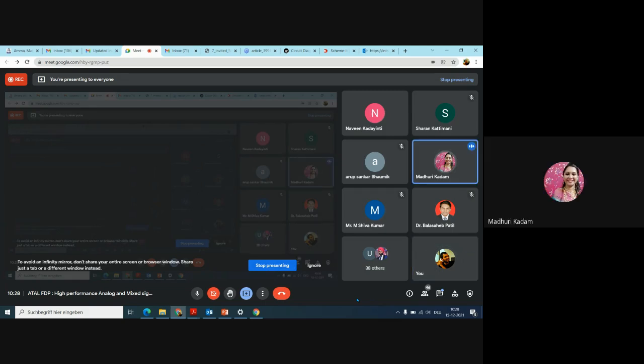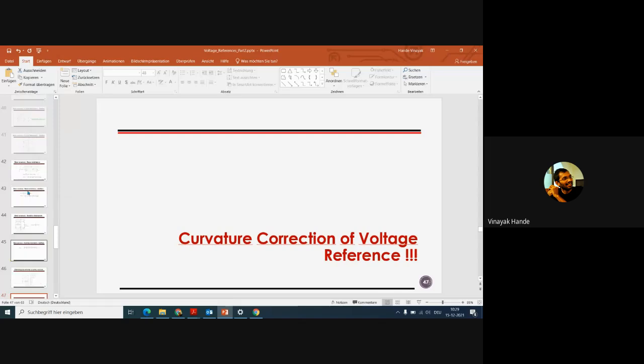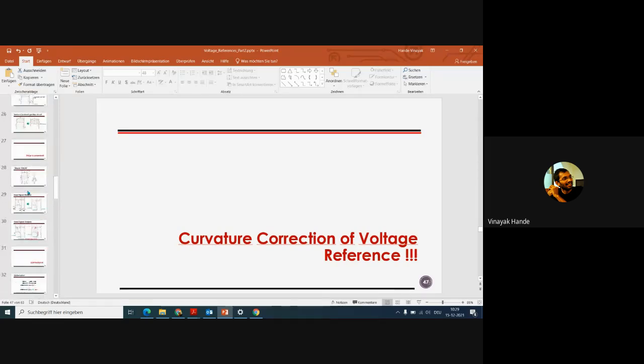Sir, you said that we can avoid systematic mismatch by cascoding. Does it mean we are shielding the power supply line? One second, I'll go to that slide.